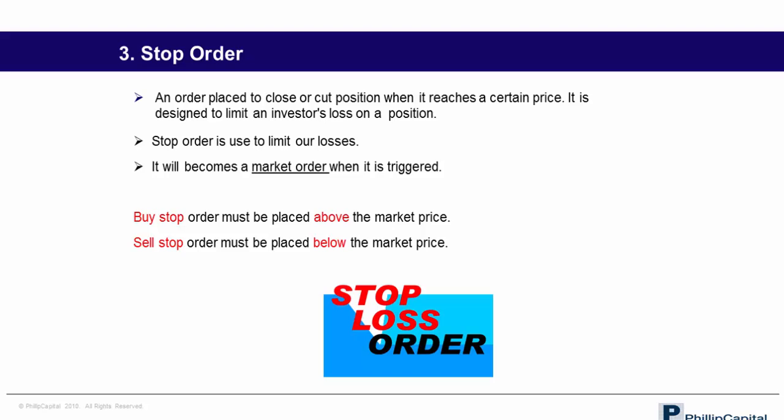Lastly, let's move on to the stop order. A stop order is basically a stop loss order. It is an order to close or cut your position when it reaches a certain price. This is designed to limit an investor's loss on a position.